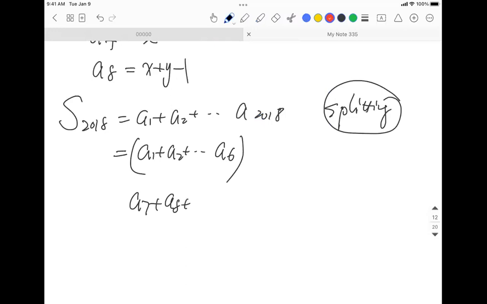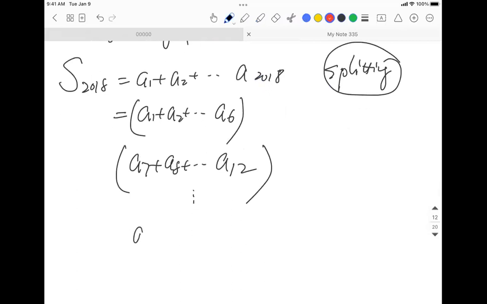A7, A8, all the way to A12, that's going to be another period. All the way you go to A2016.